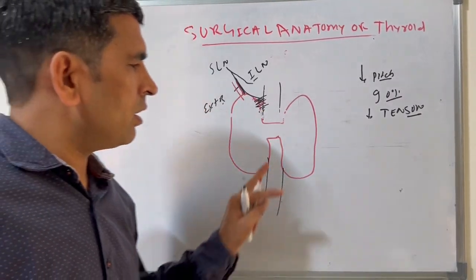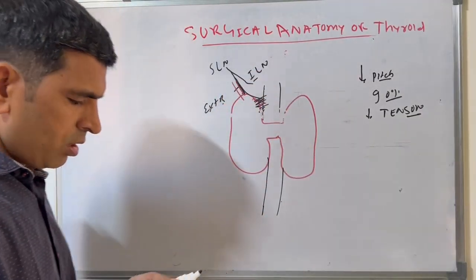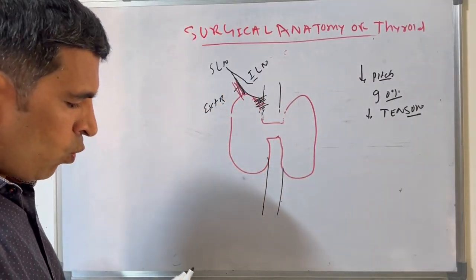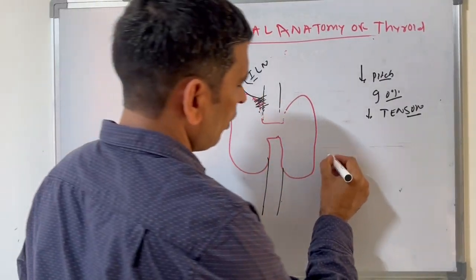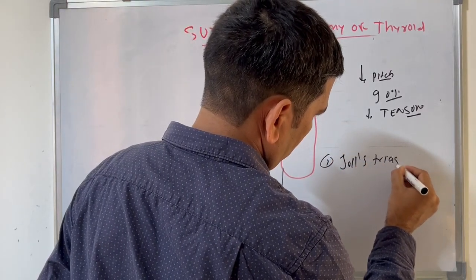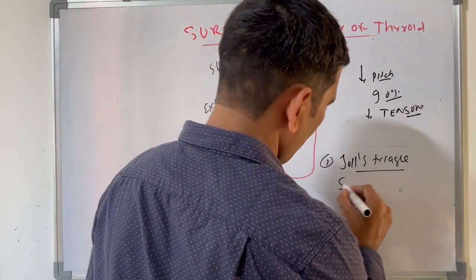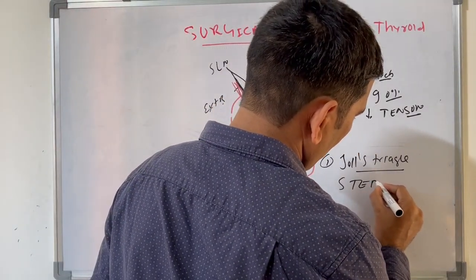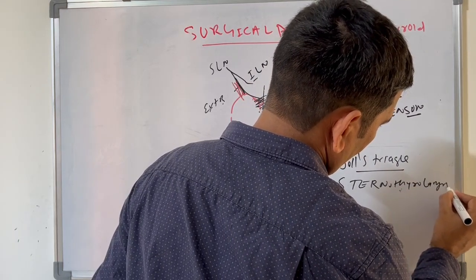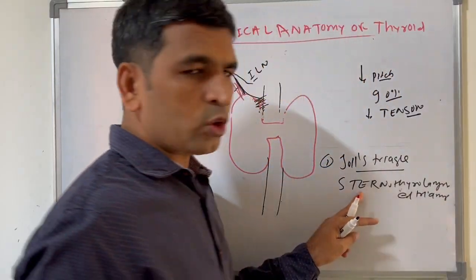And how to identify this: there are two classifications. One is called Jones triangle, also called the sternothyrolaryngeal triangle.